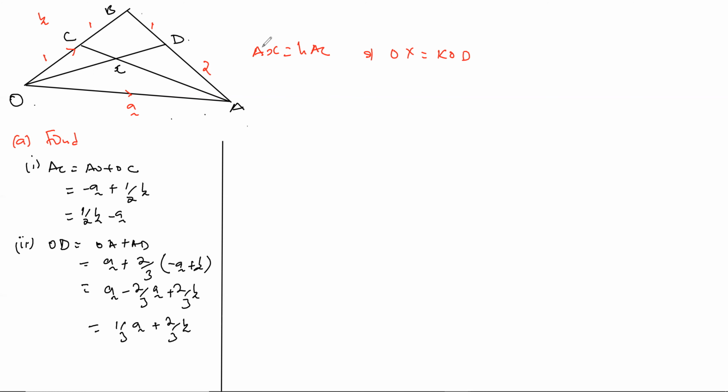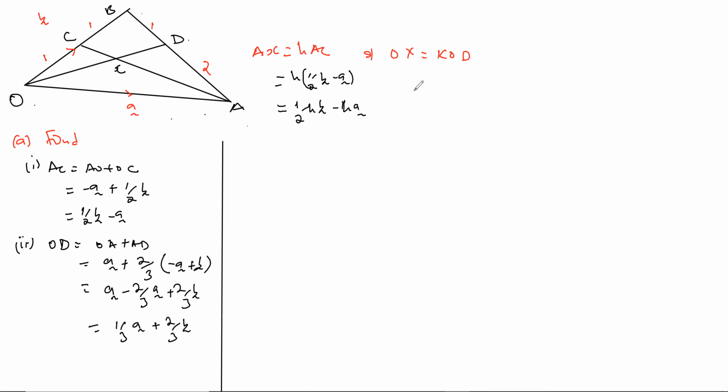So we said, before you do writing something in two ways, the first thing is to try to simplify these statements. When you simplify this, it will be H into AC. AC, we got it. It's a half B, then minus A. So it should be a half B minus A. When you simplify this, it should give you a half HB minus HA.